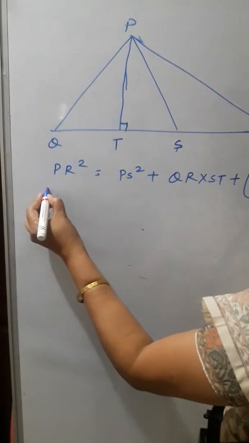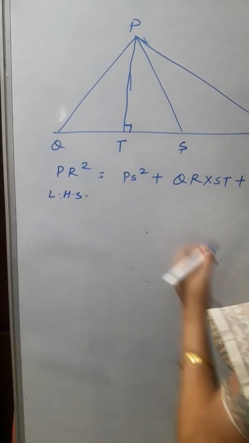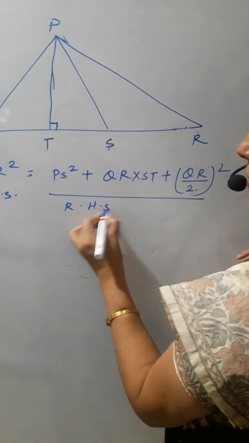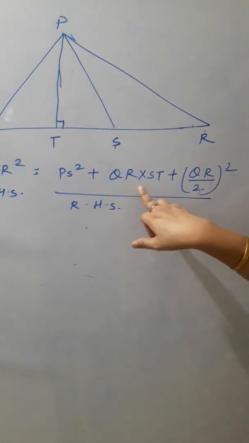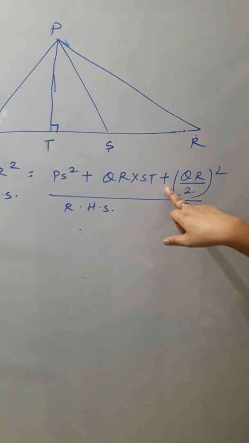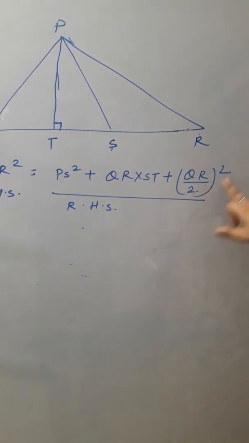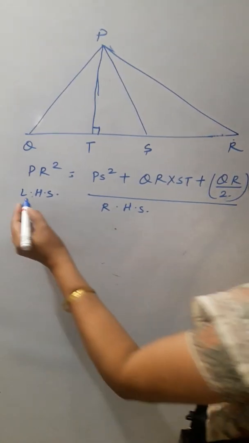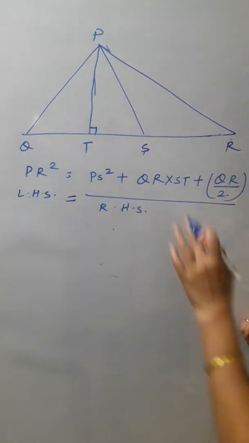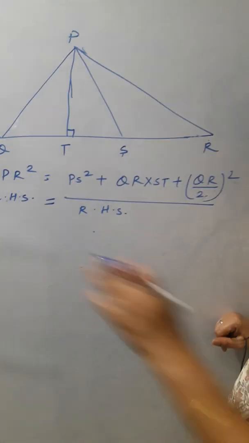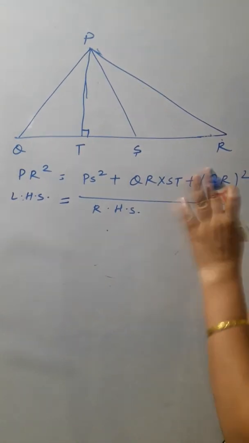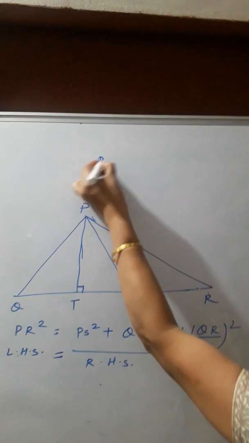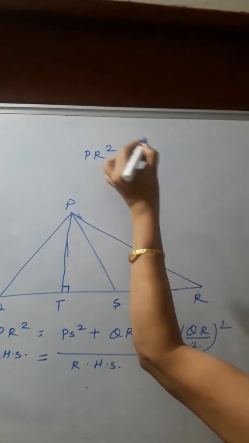PR square, what is LHS? LHS is PR square. And what is RHS? It is PS square plus QR into ST plus QR upon 2 whole square. Now what we have to do? We have to prove that this LHS is equals to RHS. So first what we will do, I will write down the question here.